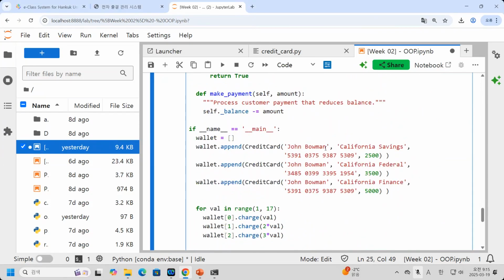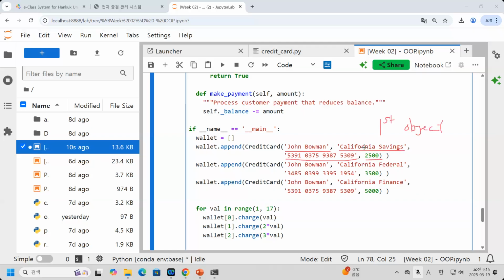So I want to make a new object, and the information is Joe Bowman with his name. California city, it means the bank name. Account, it means the account number or maybe the credit card number, and limit. Okay, this is the first object.